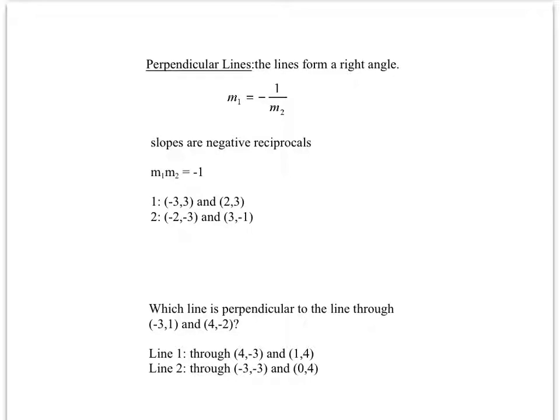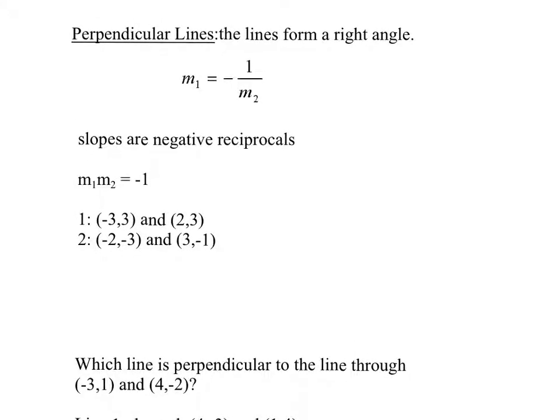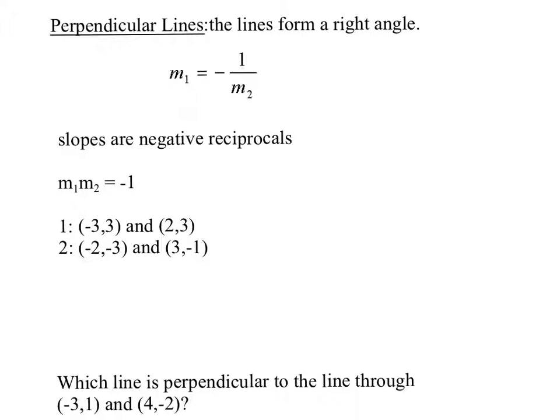All right. Perpendicular lines. The definition of perpendicular lines is that they form a right angle. Now, that also means that if m is your first slope, then the perpendicular slope is going to be the flipped over, the reciprocal, with a negative out in front.